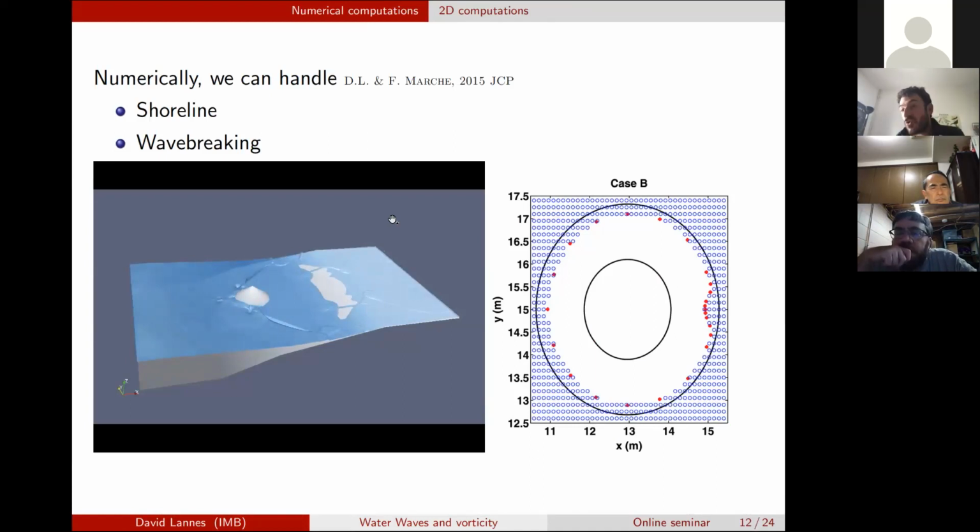But you could also use them with the vertical vorticity, which is the orthogonal gradient of V bar, and this you could use for initial data which do not satisfy this curl-free condition.